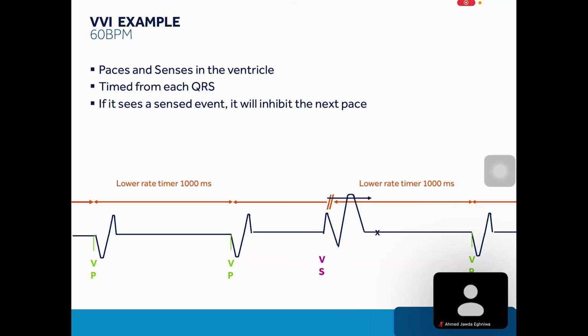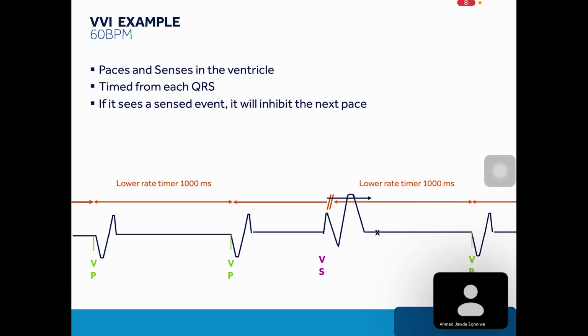So I will temporarily change it to VVT mode, which triggers pacing. I will inform the pacemaker that if you are sure this is not a true intrinsic rhythm, it is noise, the mode changes to T, trigger, so when it sees this noise, it will pace. Trigger to overcome the RV lead noise.